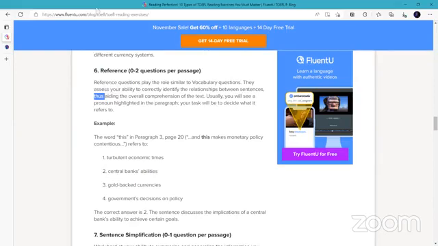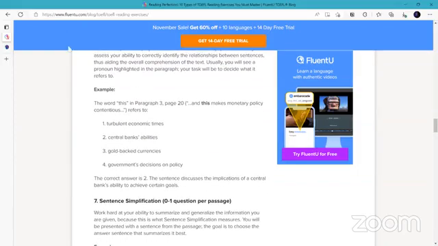Usually, you will see a pronoun highlighted in the paragraph. Your task will be to decide what it refers to.